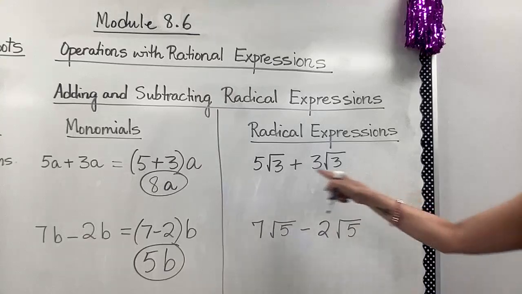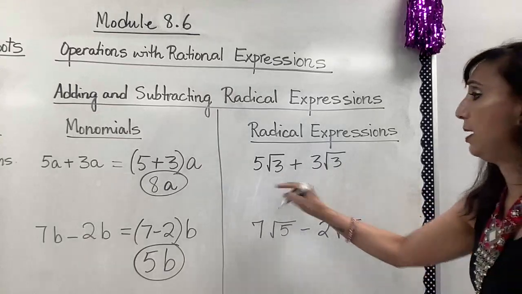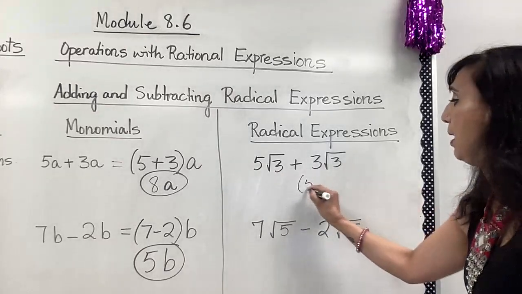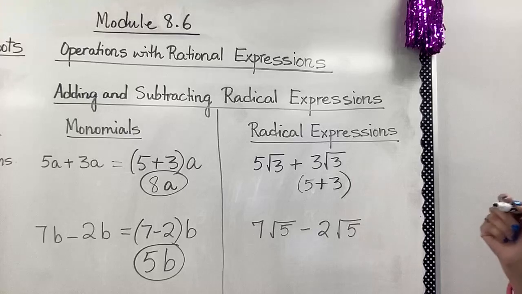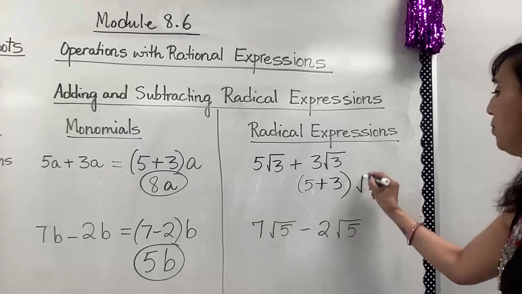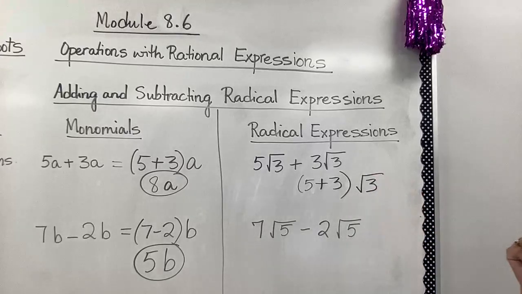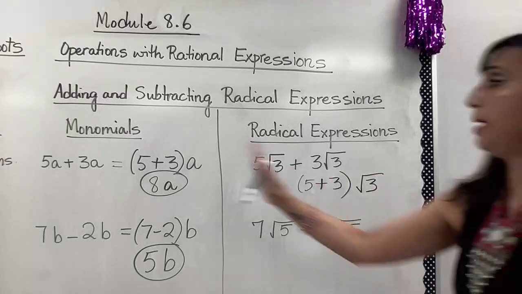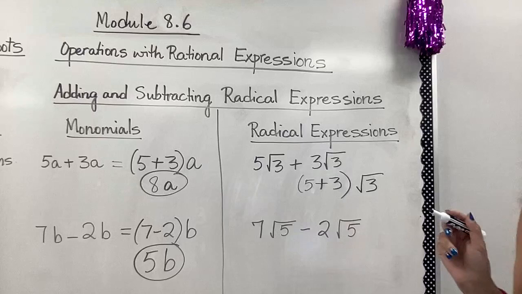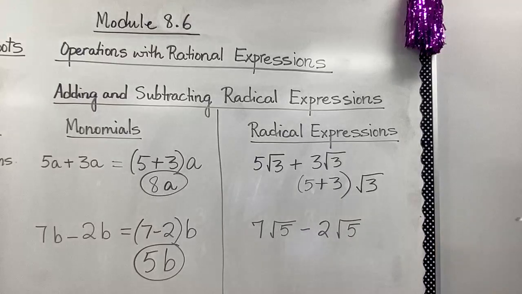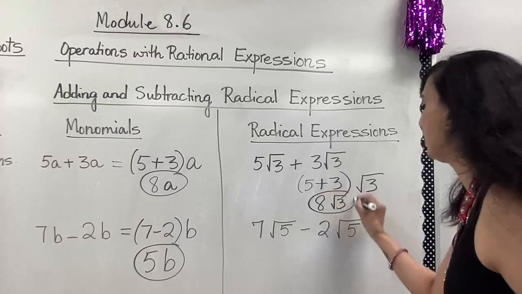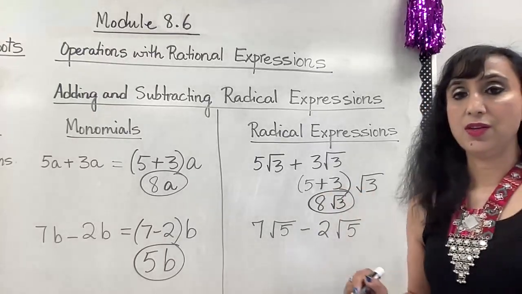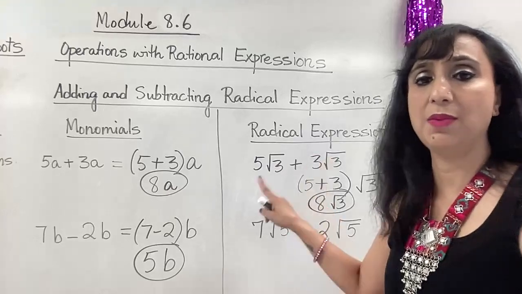Because the radicand is the same, I am going to do the same thing: 5 plus 3, and I have root 3. Look, same thing. And now what is 5 plus 3? I get 8 root 3. And here's my answer. So once again, the radicand has got to be the same.